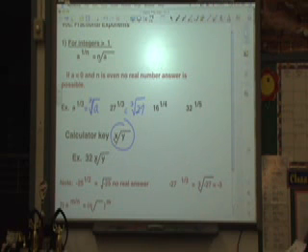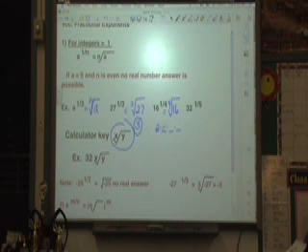So what number times itself 3 times makes 27? 3 does. 3 times 3 is 9 times 3 is 27. 16 to the 1/4 power is the 4th root of 16. So you're asking yourself what number times itself 4 times makes 16.